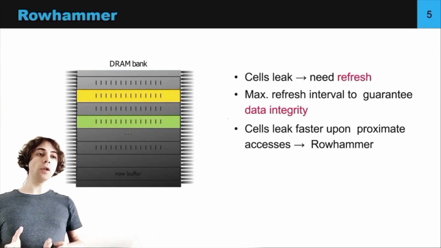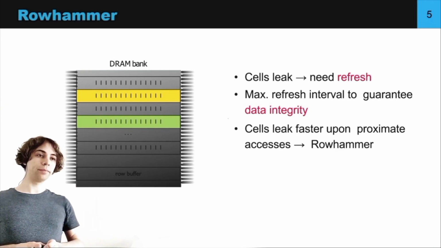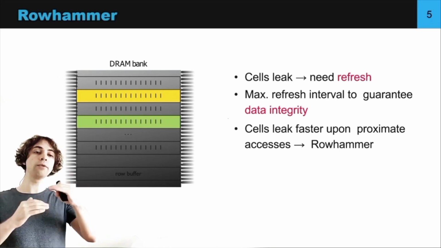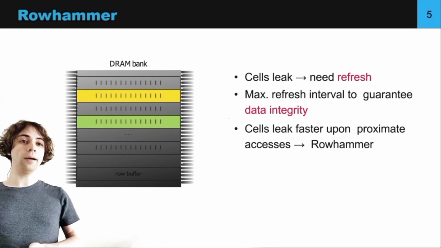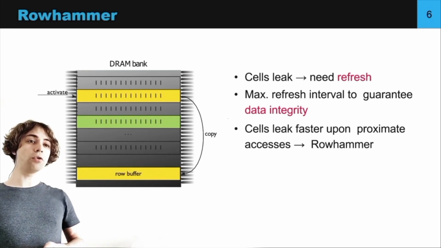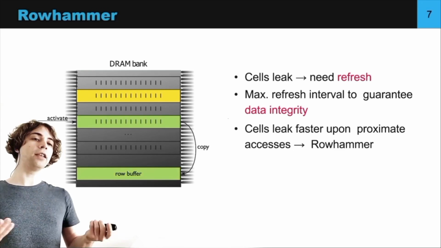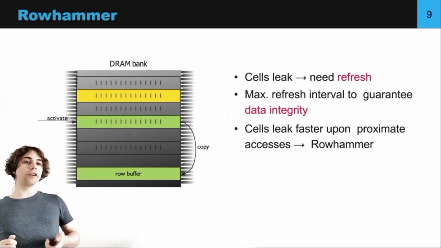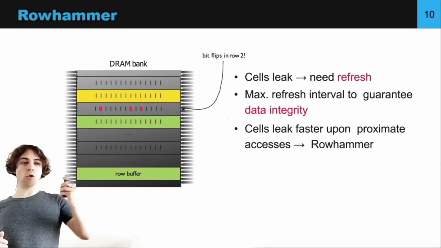And this is what we call the Rowhammer effect. So to guarantee data integrity, you have to refresh very frequently so that this effect and other effects don't occur. So you activate a row, you copy it into the row buffer, you activate the other row, you copy it into the row buffer, and then after some time you see bit flips in the middle row.